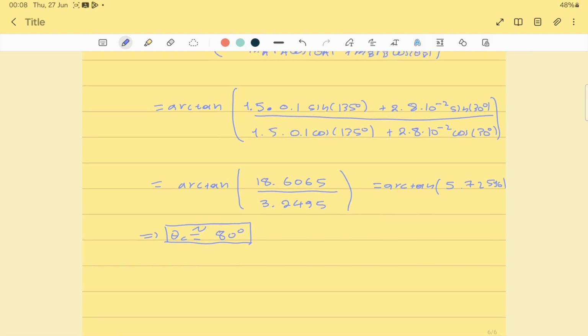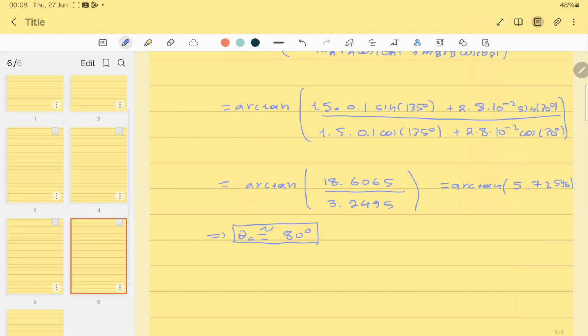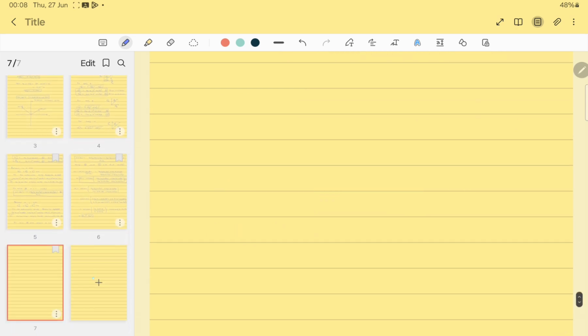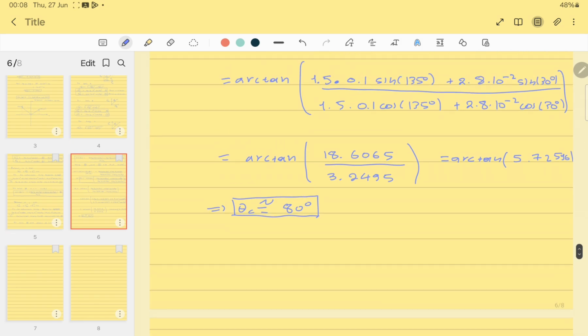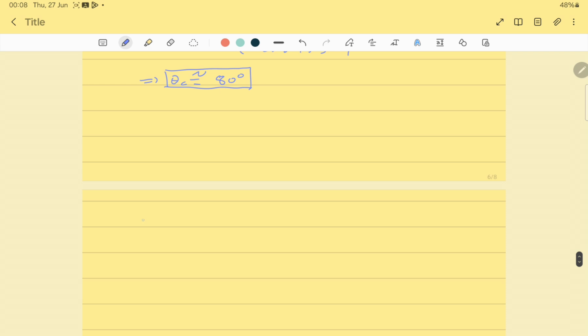Now the final step, step 3. For step 3 we need to calculate the resultant force.